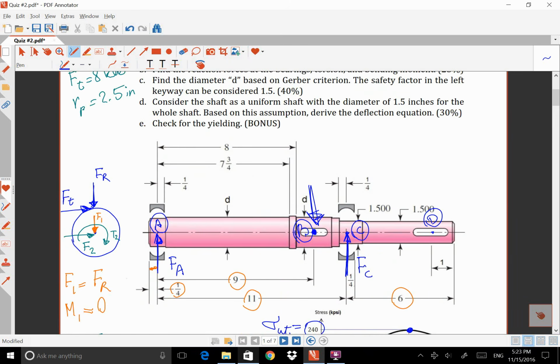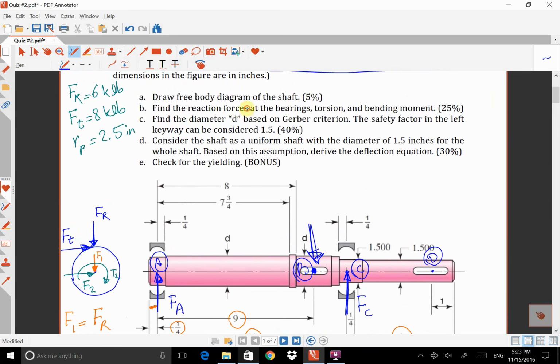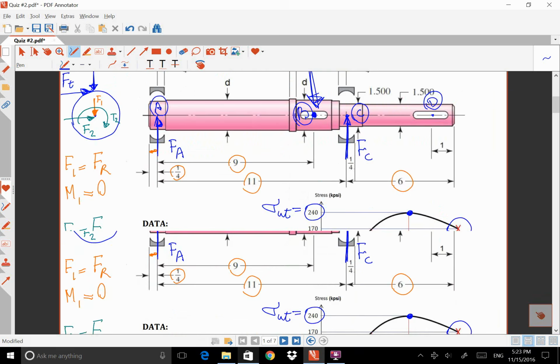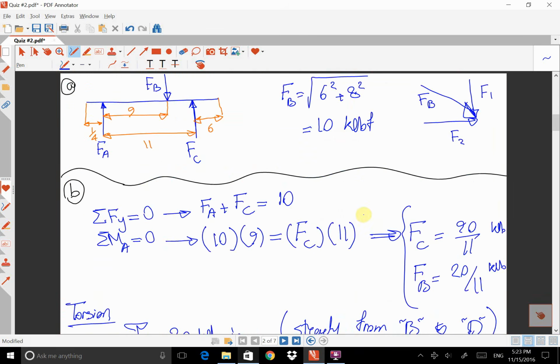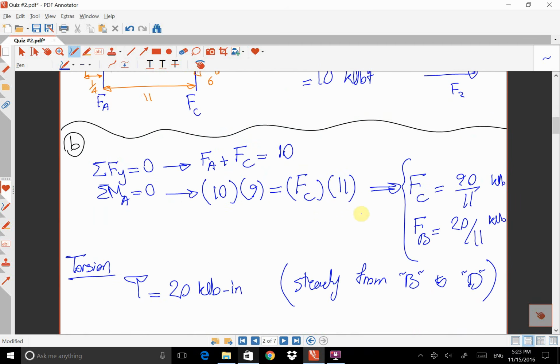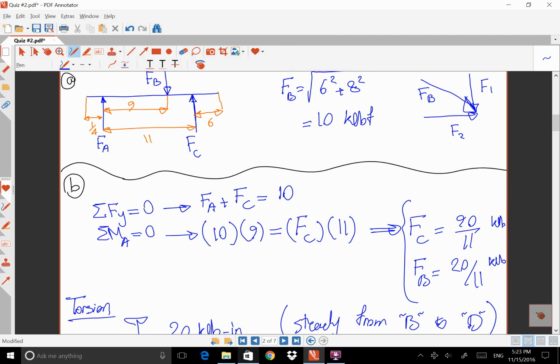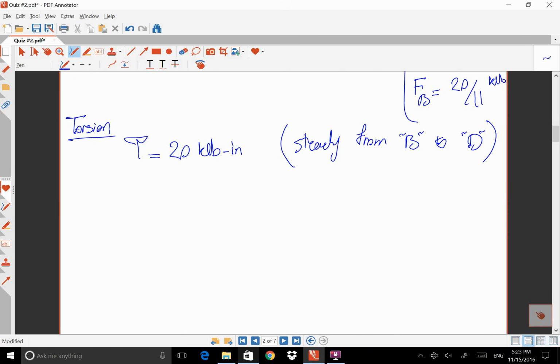So I found the reaction forces, I found the torsion. Okay, let's talk about the bending. If I want to find bending, I'm going to use singularity function to find the bending moment equation.